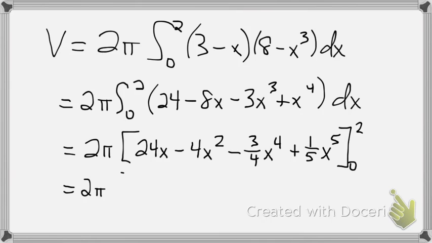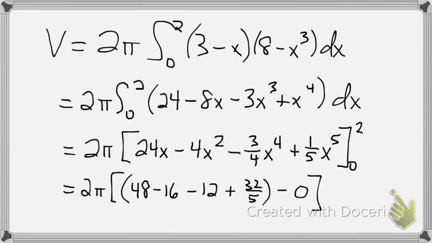So I got a 2 pi outside, and when I plug in, that winds up being a 48 minus 16 minus 12 plus 32 fifths. And then if I plug in 0, we just get 0. You guys agree? And what kind of damage have we done here? I got 264 pi fifths. You guys back me up?